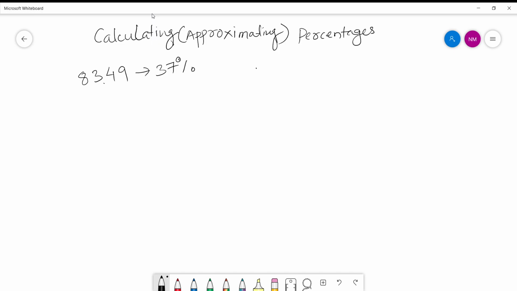The normal approach would be that you will do something like this, and you can see that this is not a very optimal way, because you'll be first multiplying 8349 with 37, and then dividing it by 100. So we'll look at an easier way of doing it.